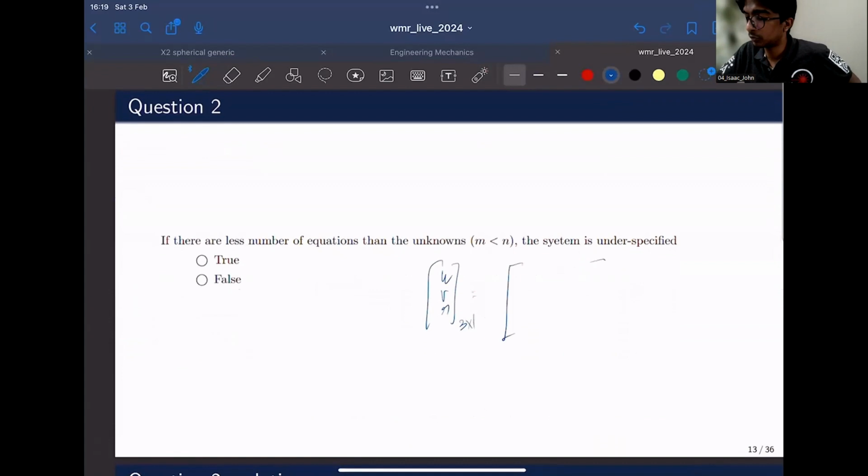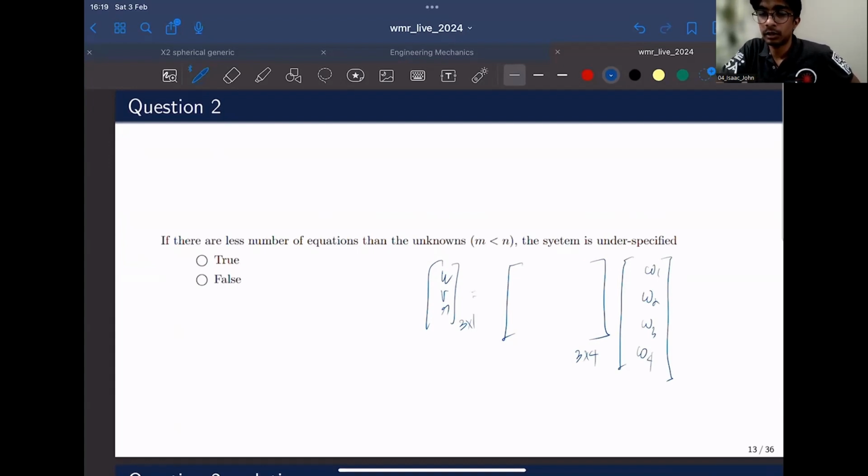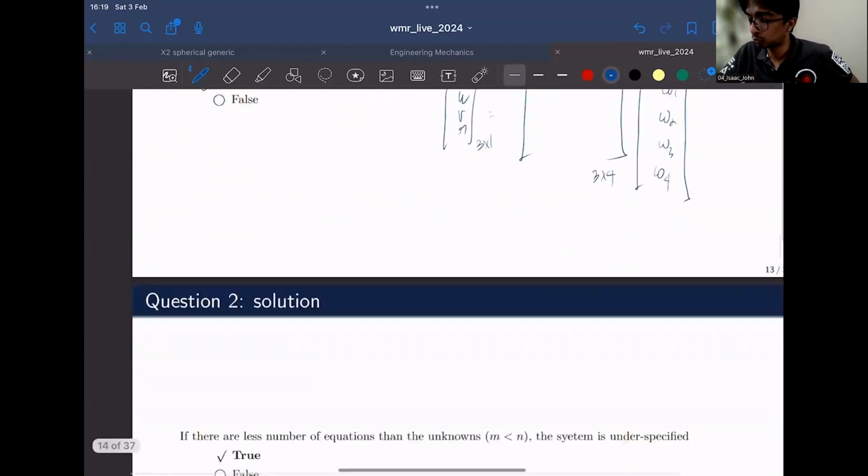You have a W matrix over here, and you have omega 1, omega 2, omega 3, omega 4. So this will be 3 cross 4. So the number of unknowns here is actually more than the number of equations. So I've got an answer of true. One of you has responded true. I suppose we don't need any further clarification. It's indeed true.